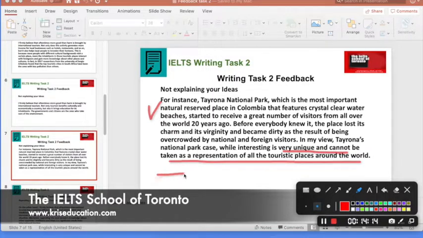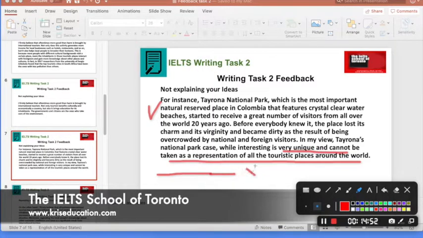So all you need to do here is write just a very brief sentence, similar to what I wrote, because there are many other cities and touristic sites around the world that have maintained the original environment despite millions of tourists every year.